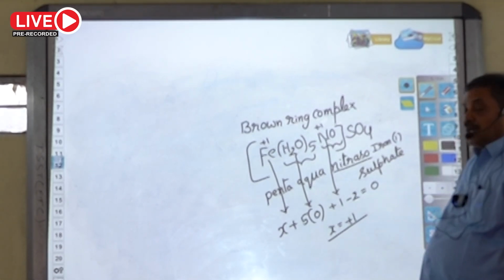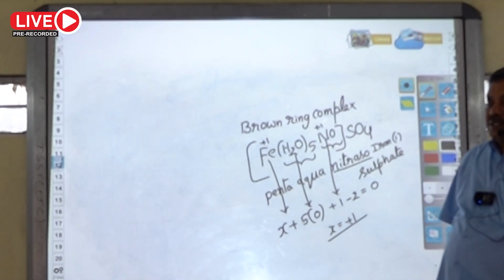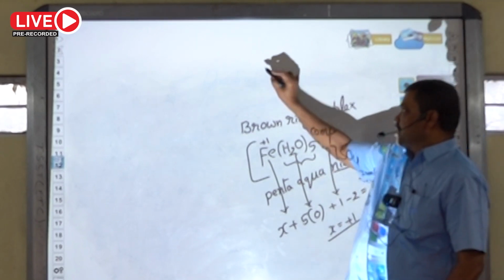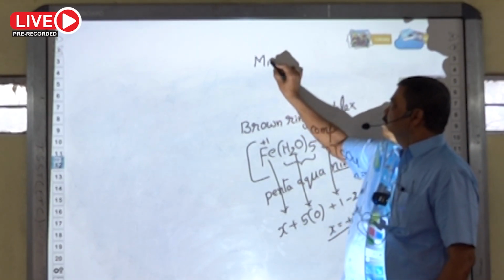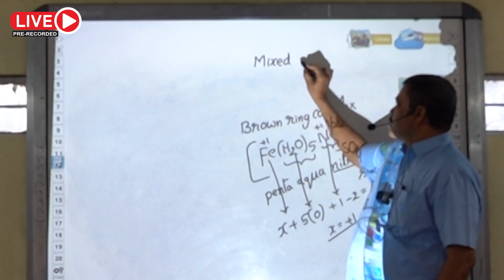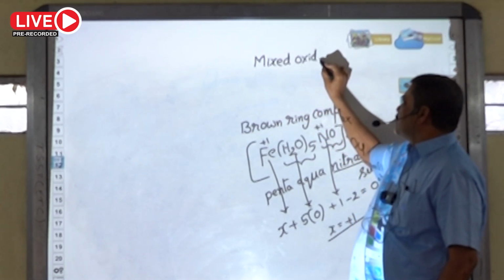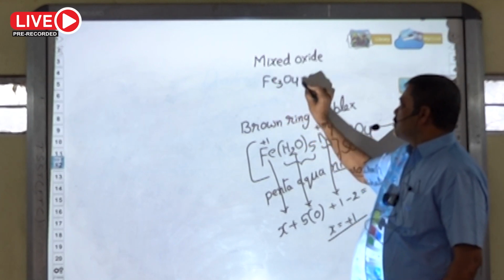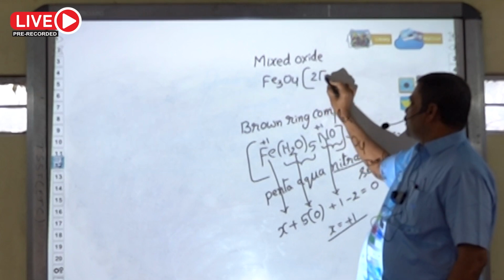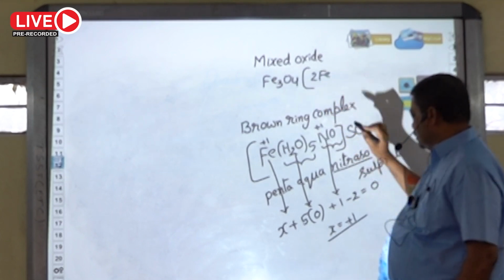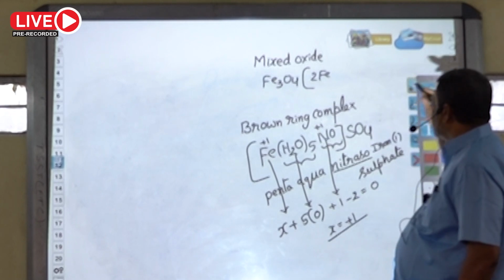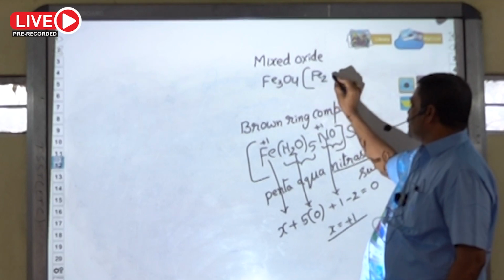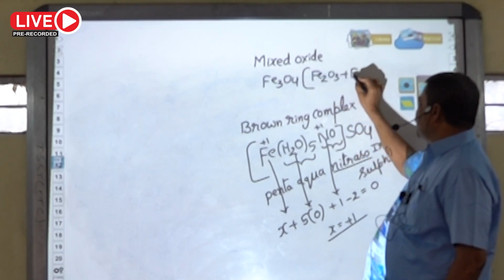Now, iron also shows a fractional oxidation state in a mixed oxide. The mixed oxide Fe3O4, which is Fe2O3 plus FeO.